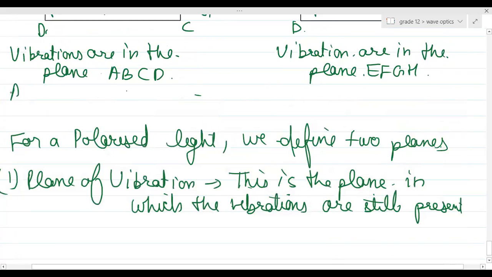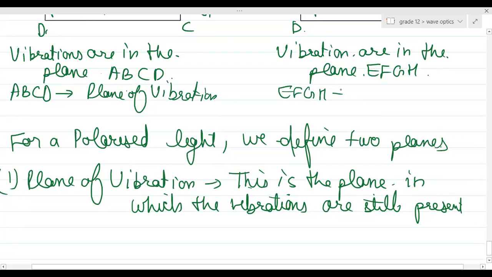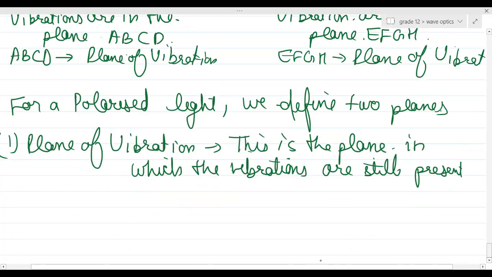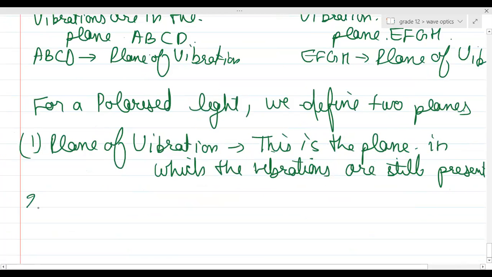So here, which I have drawn, ABCD is the plane of vibration. In the second case, the EFGH which I have drawn is the plane of vibration. Is it clear guys? Did you understand what the plane of vibration is? Yes, sir. Okay.